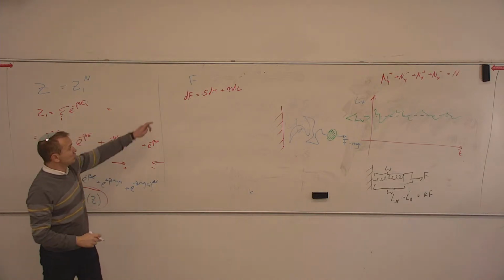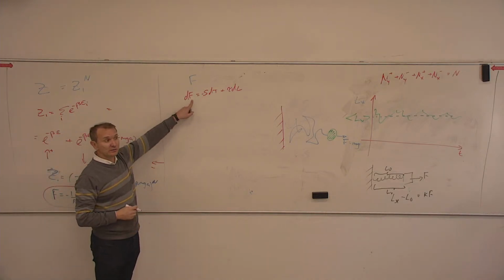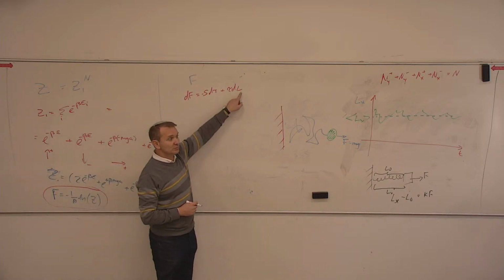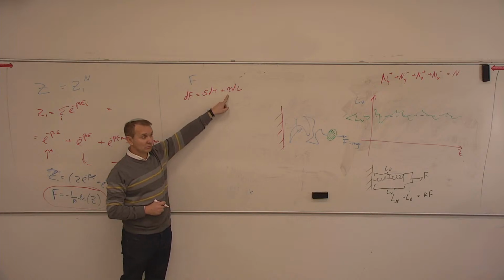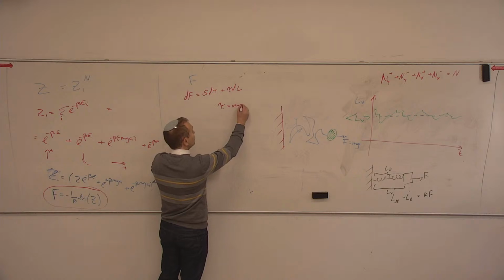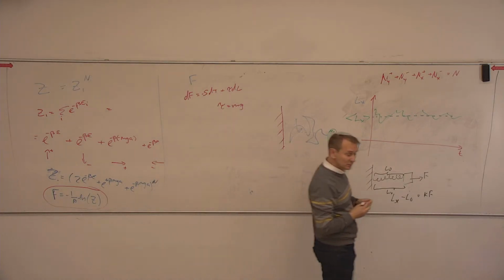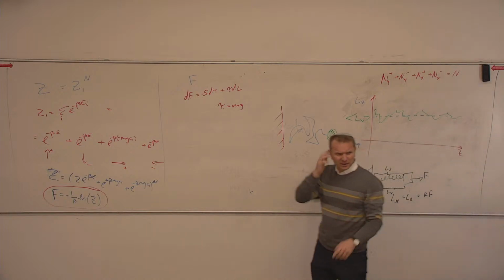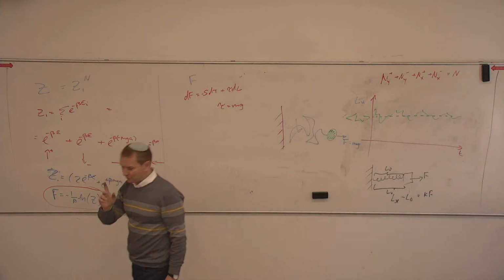So you have a connection between the different derivatives of your free energy and the length of the system to the tension in the system. And in our case, this tension is going to be mg. Okay. And then you take a bunch of derivatives and you work hard, hoping that you will get somewhere.